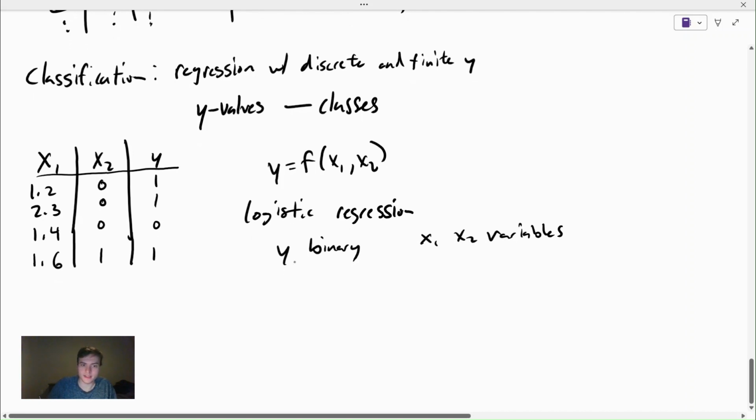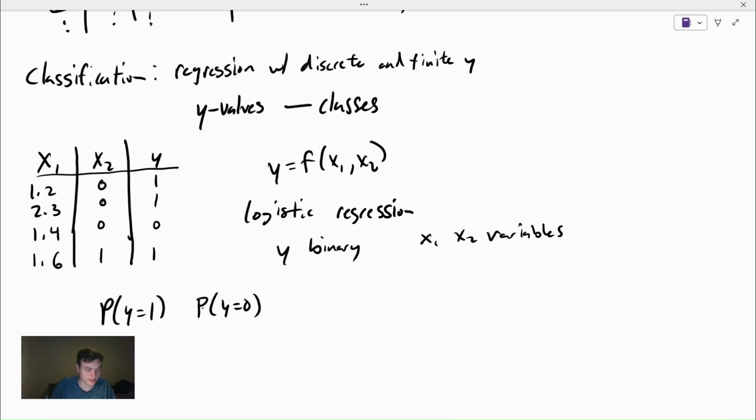So instead of saying y equals a value, we're going to look at the probability y equals 1, the probability y equals 0, and then the maximum of them is our prediction. We could denote that as y hat equals argmax over j of probability y equals j. Let's use j instead of i because we were using i for the index; we can use i for the index, j for the classes.